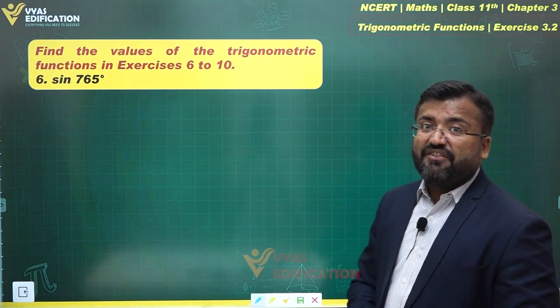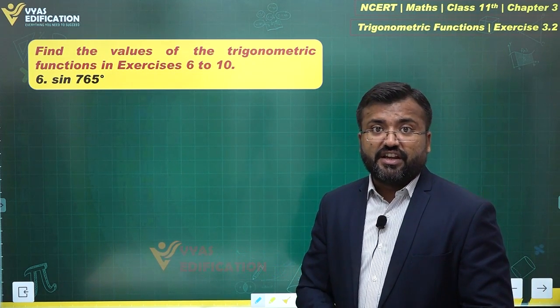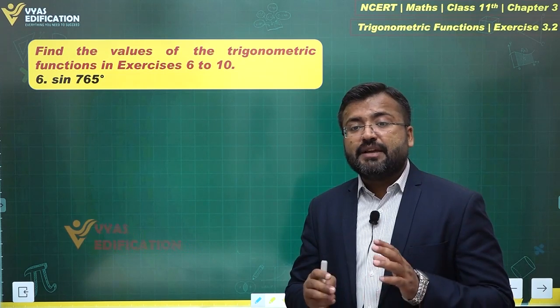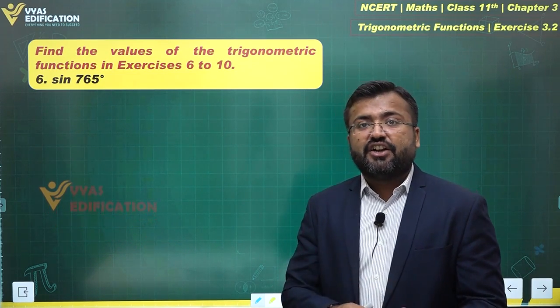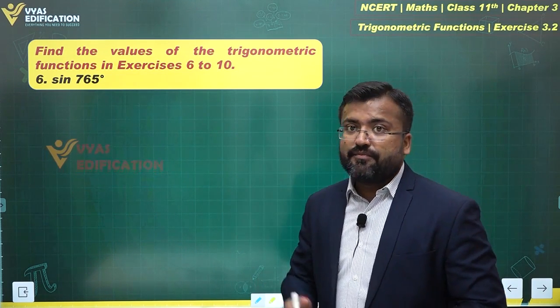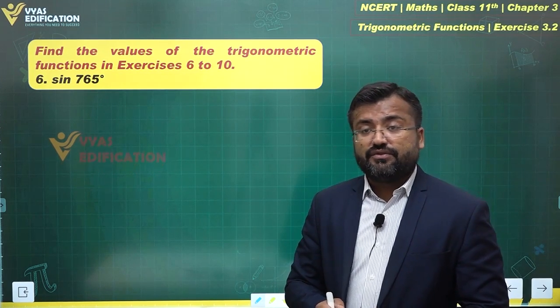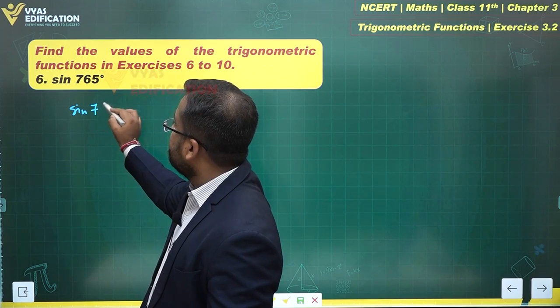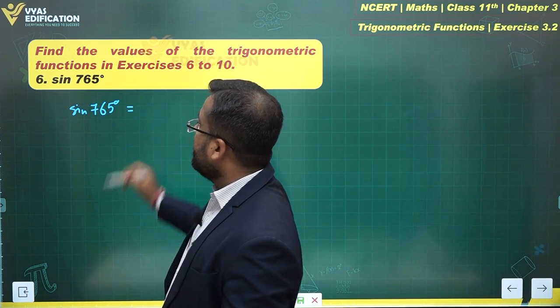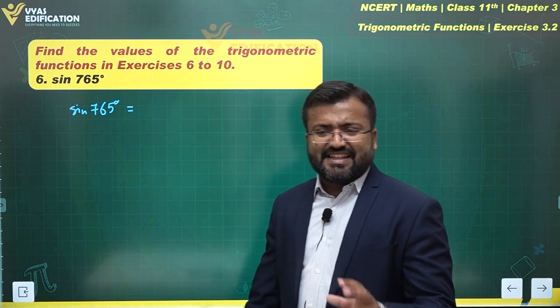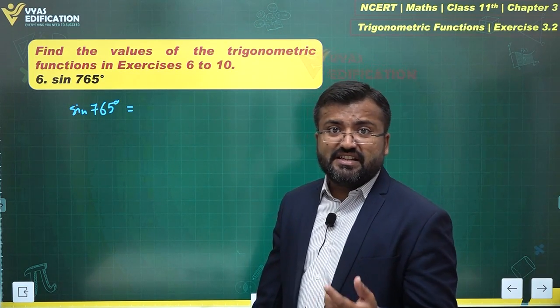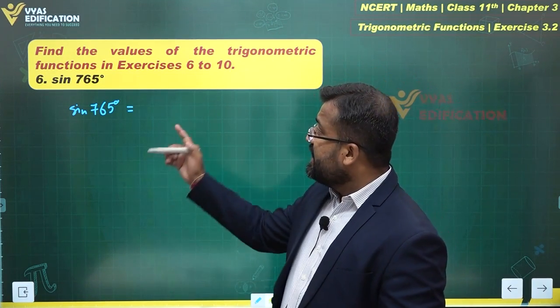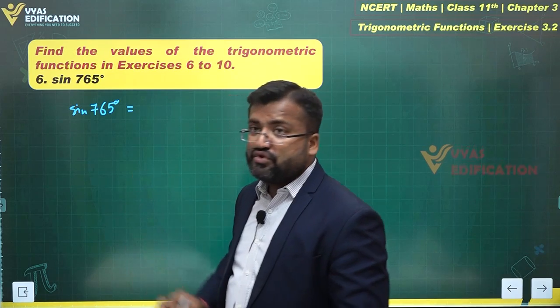This 765 degree is an angle way beyond 360 degree, okay? But we know that multiples of 360 degree can be added or subtracted from the angles without altering the value of this trigonometric ratio. So sine 765 degree can be written as, you may observe, 360 degree times 1 is 360, 360 degree times 2 is 720 degrees, and 720 degree is close to this, okay?